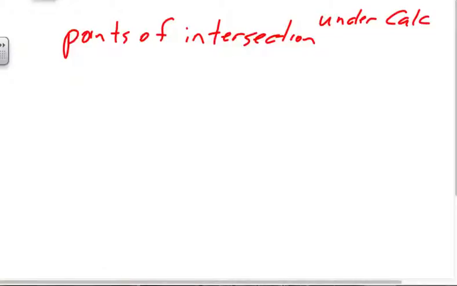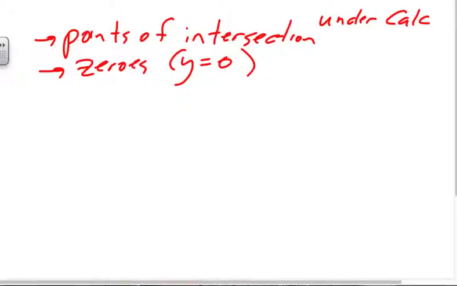Go in there, look, and find it. They will find points of intersection. They will also find zeros, which is where your function equals 0. These are also your x-intercepts. Recall it said x-intercepts, zeros, and solutions can be very, very similar.